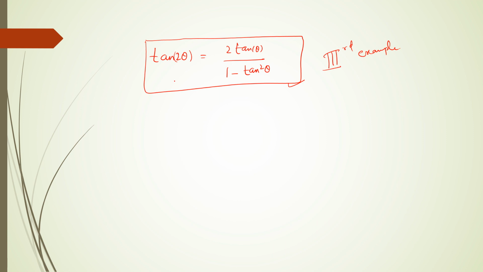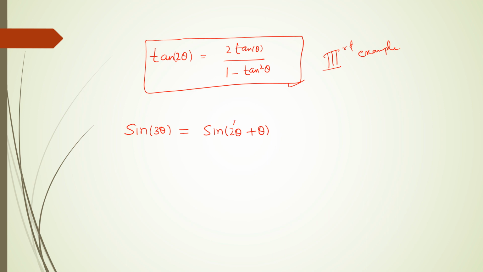Now we will see another formula. Suppose we have sine of 3 theta. How can we write this sine 3 theta? What is the formula here? We can break it as sine of 2 theta plus theta.